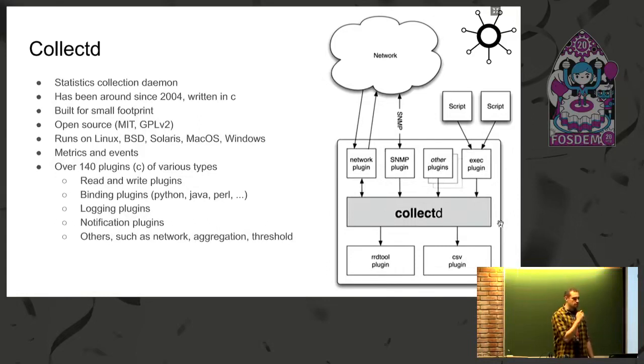As it doesn't have any dependencies, it is platform independent and runs on most of the available operating systems that are out there. It provides you the ability to collect multiple metrics and events. Included in the CollectD repository, there are over 140 plugins of various types.